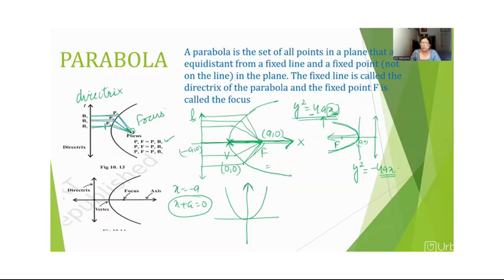When the axis of the parabola is the positive direction of the y-axis, the equation becomes x square is equal to 4ay, right? And if it is this way, the negative direction of the y-axis, the equation becomes x square is equal to minus 4ay. In all these equations, (x, y) is a general point which lies on the parabola, and a is the coordinate of the focus. Whether it is on the x-axis or y-axis, a represents the coordinate of the focus, right?